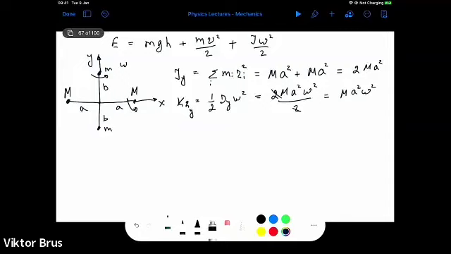Following this procedure, we can write that the moment of inertia about axis X will be equal to 2mb squared, because masses m are shifted from the axis of rotation by distance b.